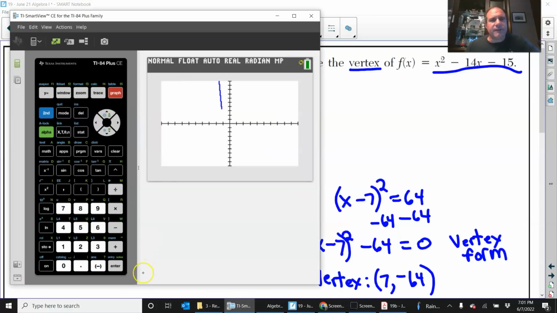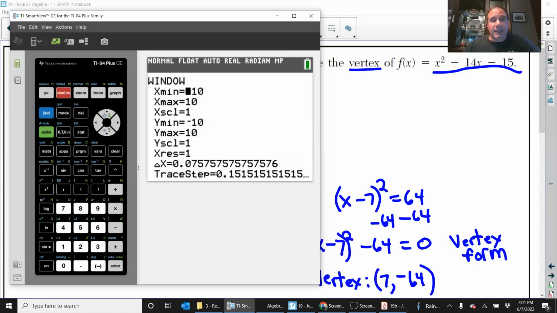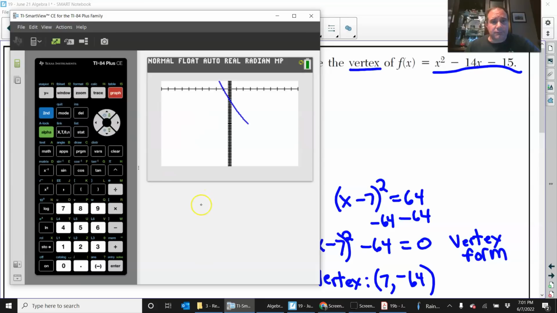I'm going to press graph, and you're going to notice that I cannot see the vertex at all. All right. So I'm going to go to the window, and I am going to go down to the Y min, and I'm just going to go to negative 100 and see if that works out. And I could see the vertex, right?